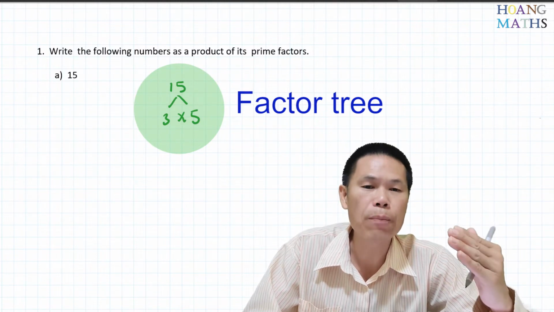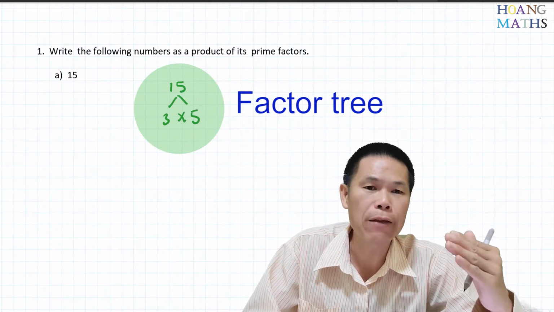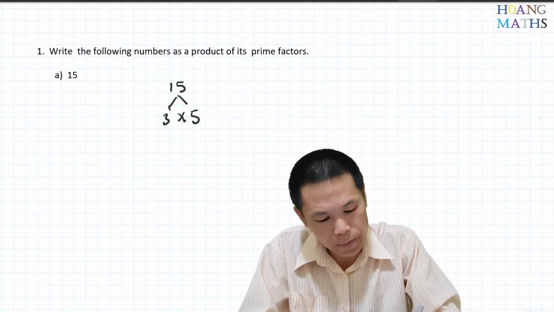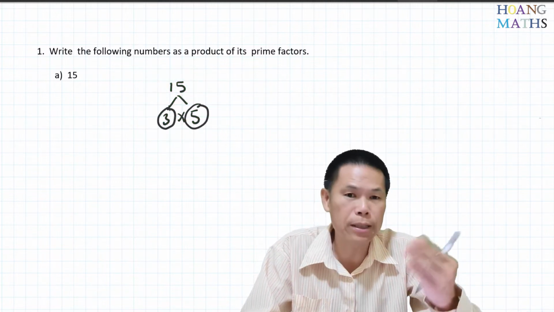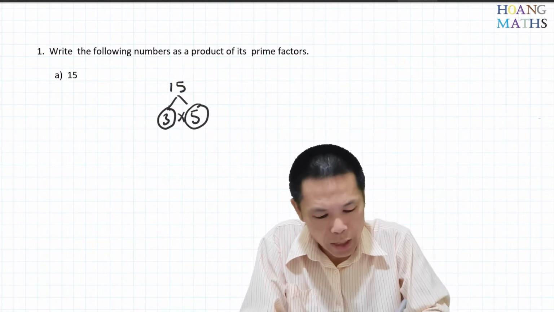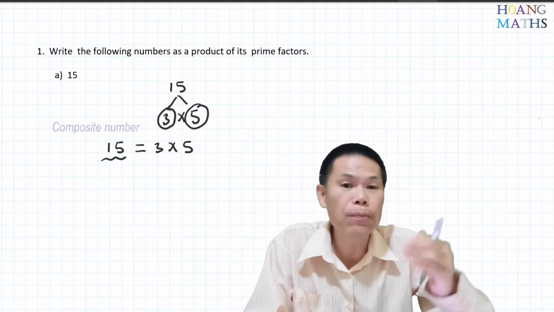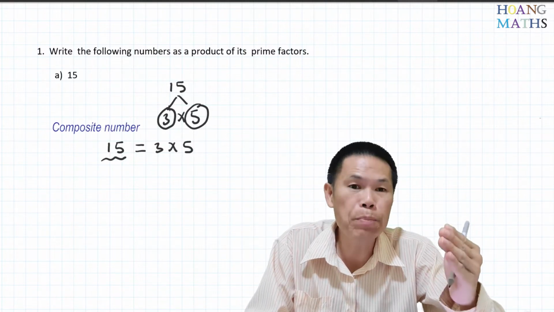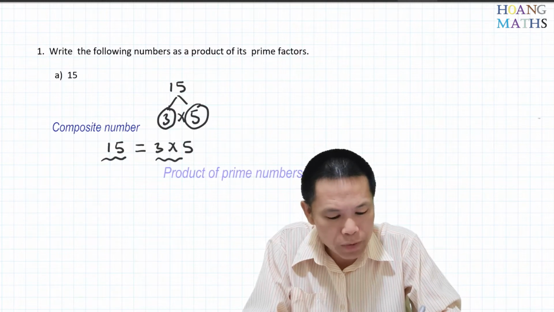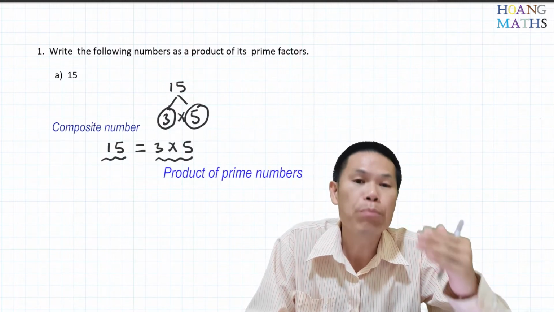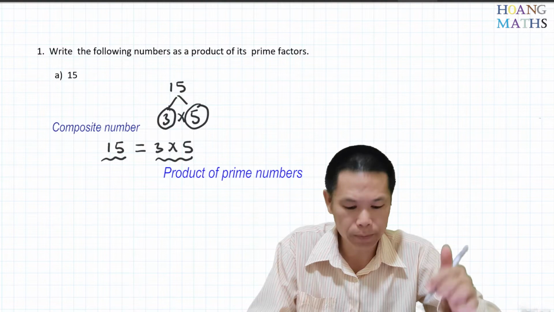So we stop there because we can't expand any further. I just circle it, so that means I'm done with it. Therefore 15 is equal to 3 times 5. Remember, 15 is a composite number, and 3 times 5 is the product of prime numbers.